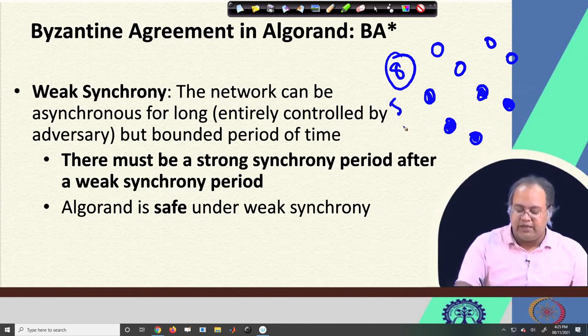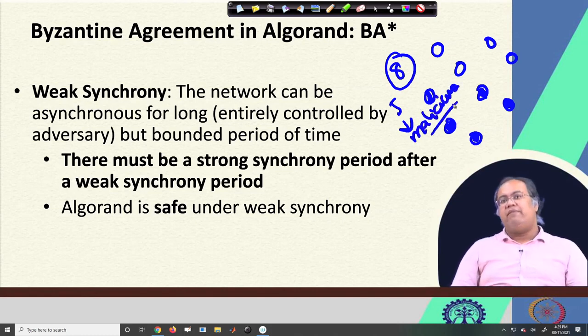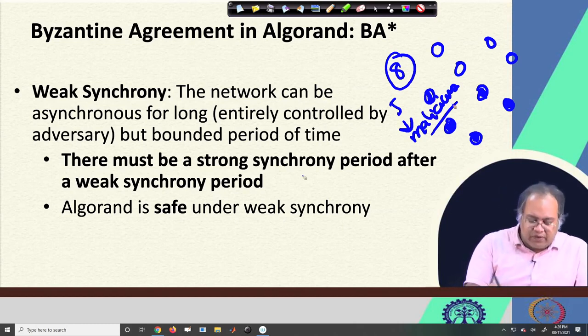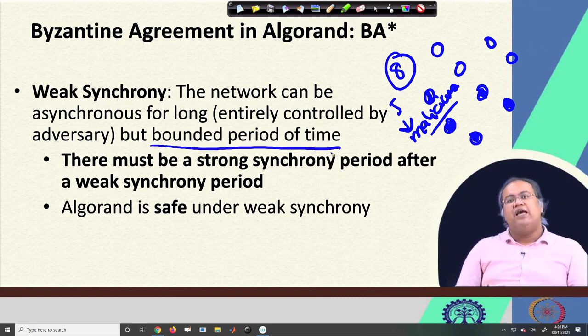So your majority are malicious users. When the majority are malicious, the adversary has taken control of the network. But what the weak synchrony assumption says is that even if it happens, it cannot happen for long. There is a bounded period of time for which an adversary can take control of the network.